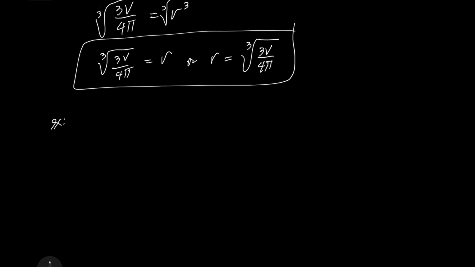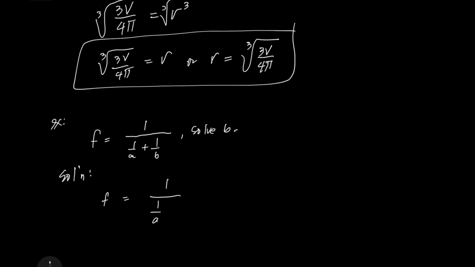Another example here, if you have f equals 1 over 1 over a plus 1 over b, then solve for, let's say, b. You can just use our technique, or you can use the LCD and the elimination of the denominator. So here, f equals 1 over a plus 1 over b.